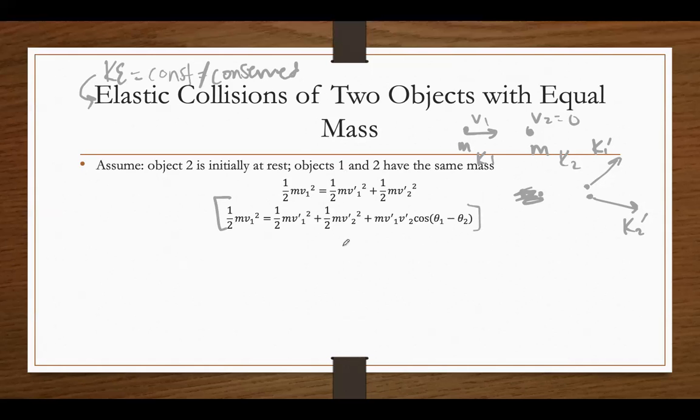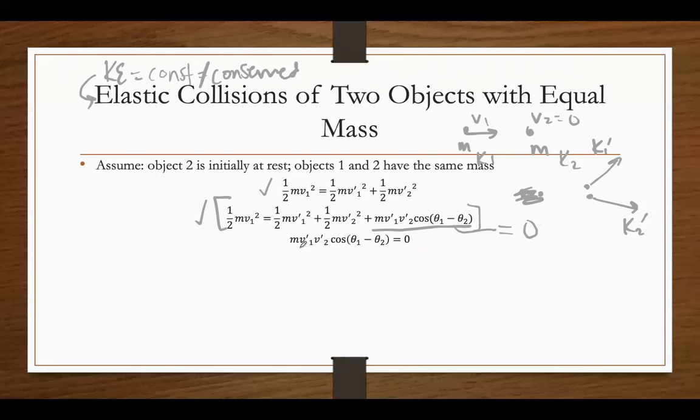Now, notice the only difference between these two equations: this term. For both of these to be accurate and true, this term must be 0. So we need to check what variables in this equation could be 0.